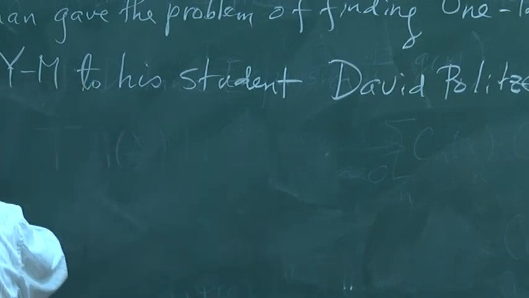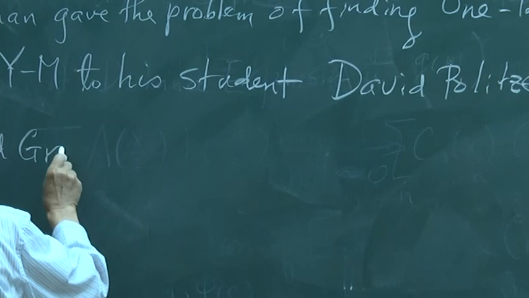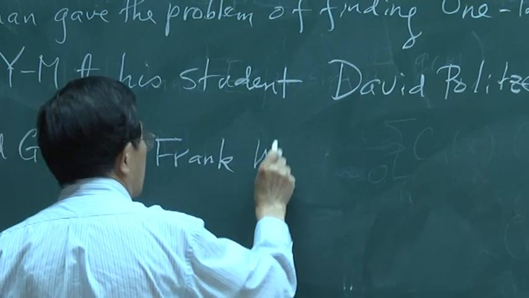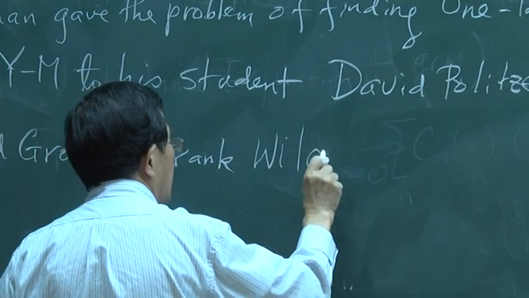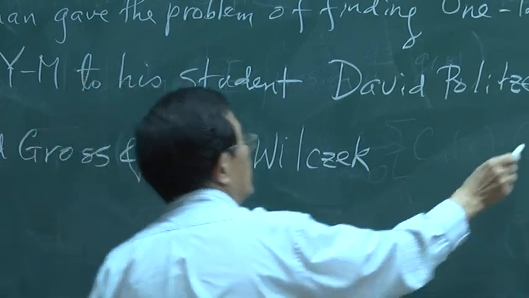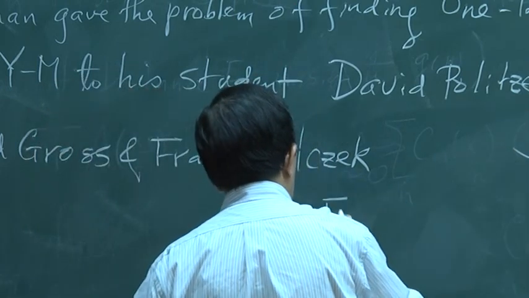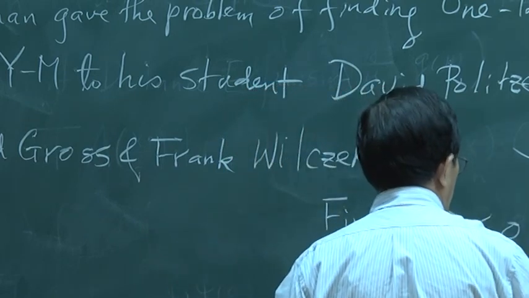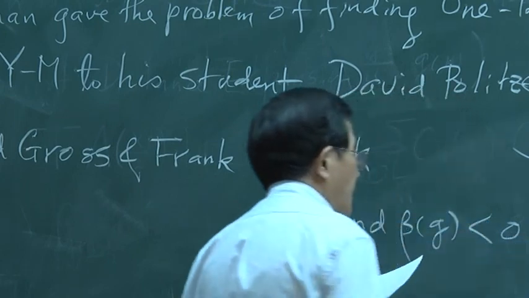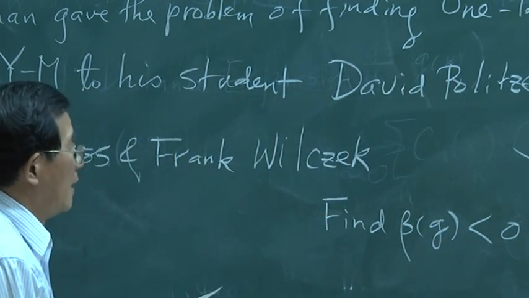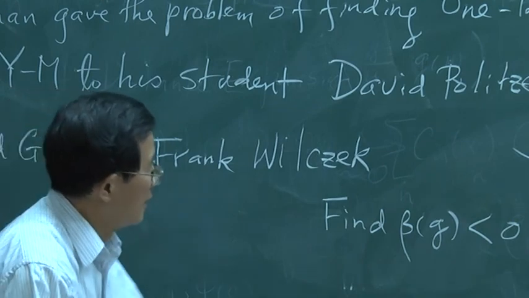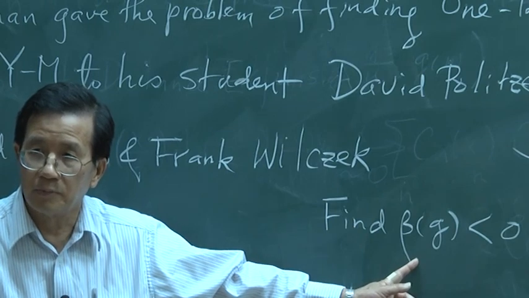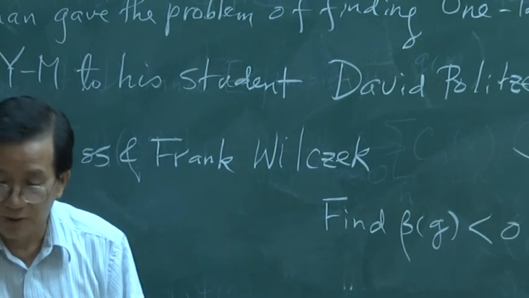And then Gross and Frank Wilczek found that the beta of g is negative in the Yang-Mills theory. So this is the case in history that the minus sign earns you a Nobel Prize. Isn't that something?